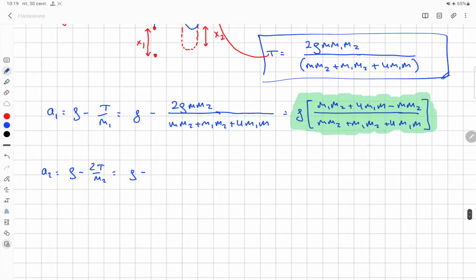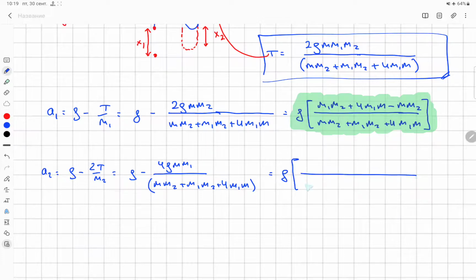So g minus 4g m1 m2, m2 we can cancel it, divided by the same denominator.